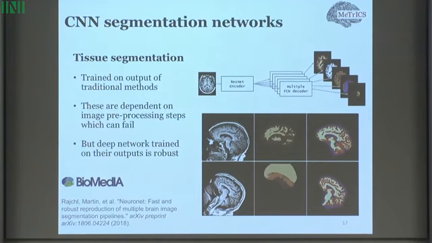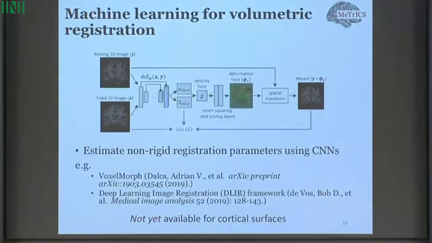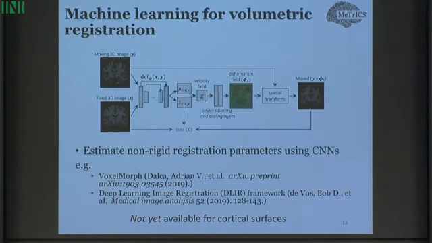Image registration in particular can fail catastrophically sometimes if you have a large rotation or a very large affine translation of your images. Whereas he found that if you trained a deep network on the outputs, these were actually robust to these data sets and worked better.